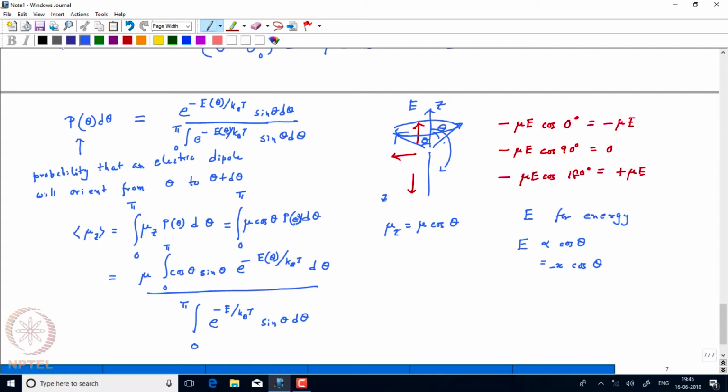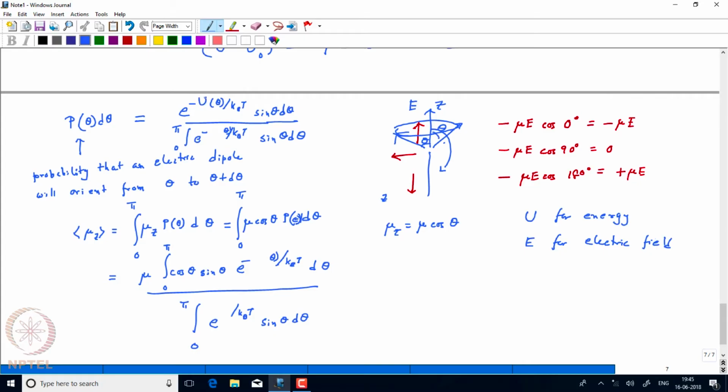Instead of writing the energy as E, we can write it as U everywhere, the potential energy, and then there will be no confusion. So, write E for the electric field and U for the energy.